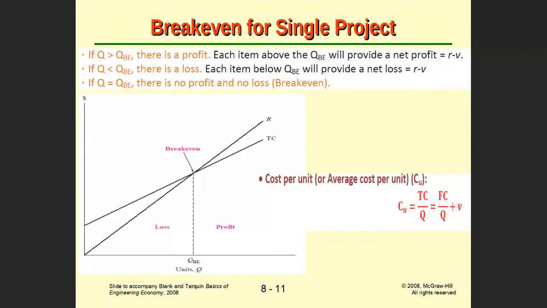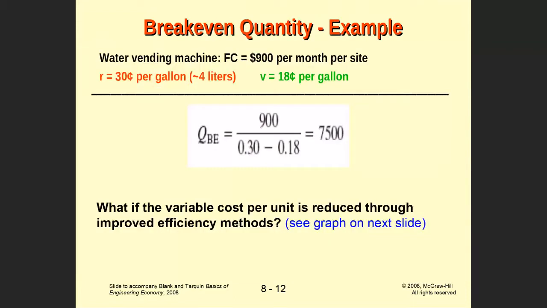Okay. Let's take a small example to make things clear. Water vending machine for water. The fixed cost is $900 per month. And the revenue, which is R, is 30 cents per gallon.